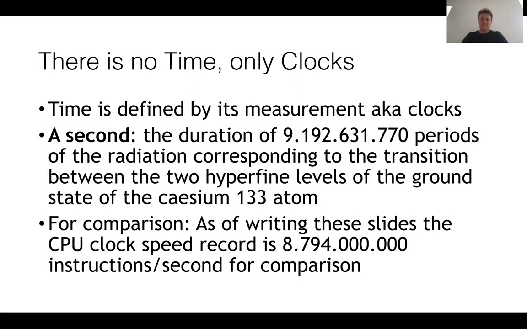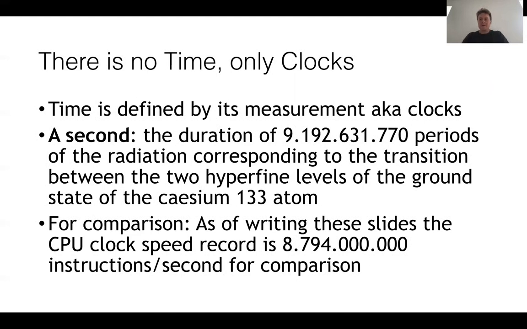If we look at the definition of what time is, then we have a definition of a second, which says it's the duration of 9,192,631,770 periods of the radiation corresponding to the transition between 2 hyperfine levels of the ground state of the cesium-133 atom. I don't even know what that means. But what's important here is it's something to do with an atom.